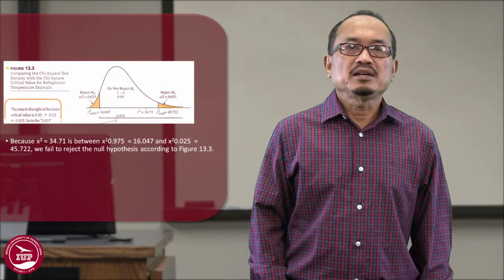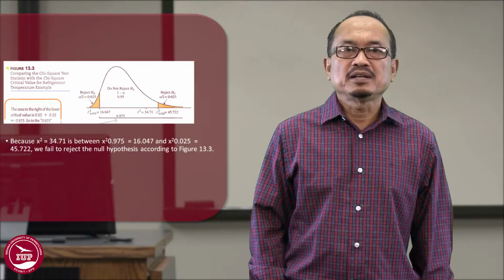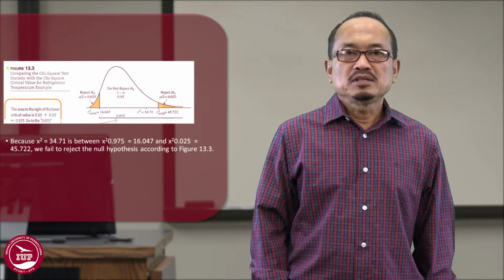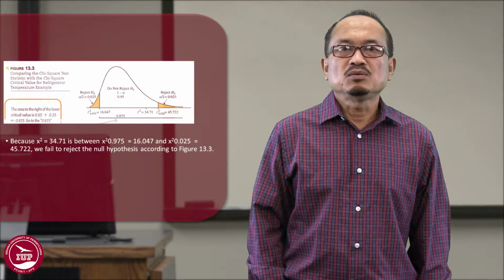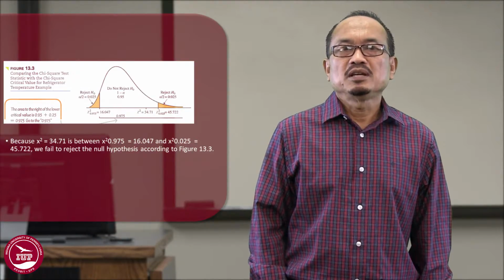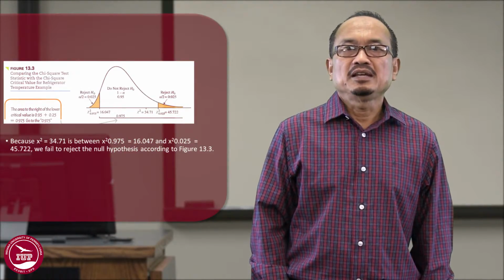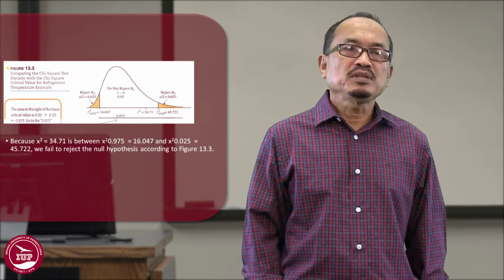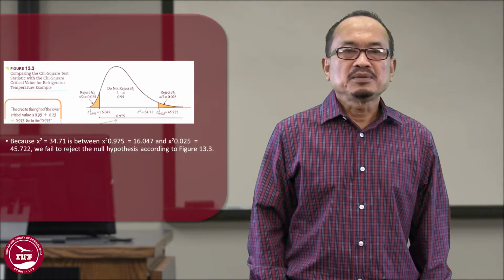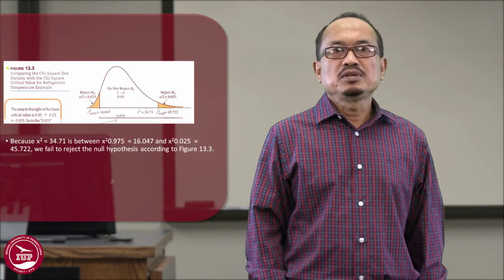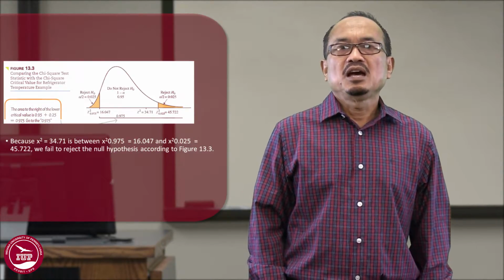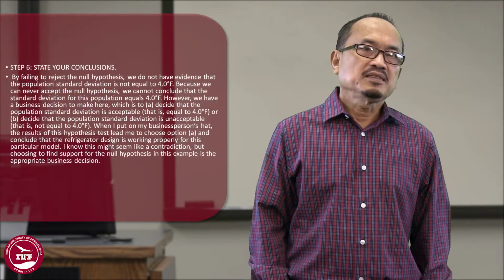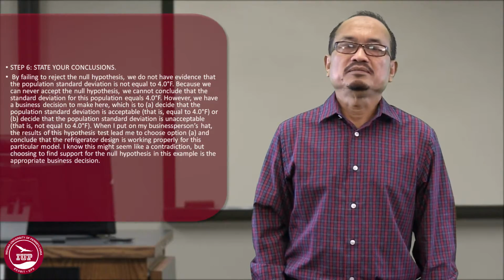Because X squared equal to 34.71 is between X squared 0.975 equal to 16.047 and X squared 0.025 equal to 45.72, we fail to reject the null hypothesis according to figure 13.3. Step 6. State your conclusion.